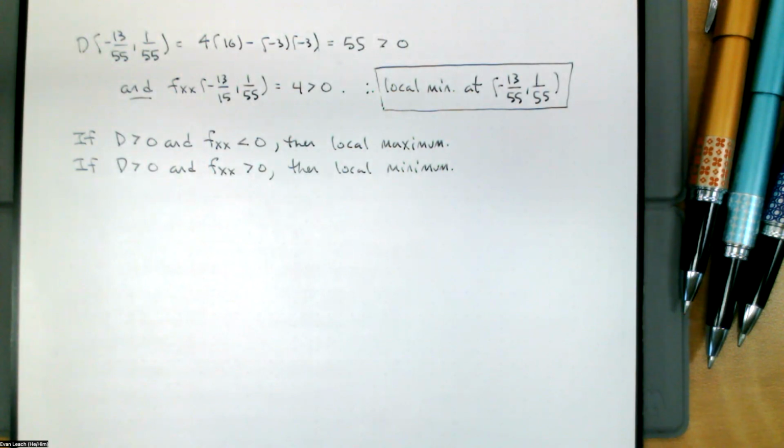If the determinant of the Hessian matrix is negative, then we conclude that's a saddle point.